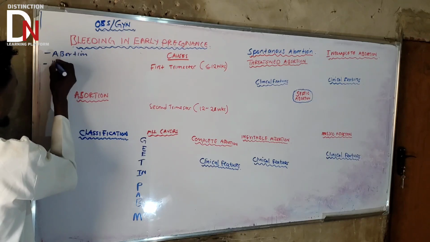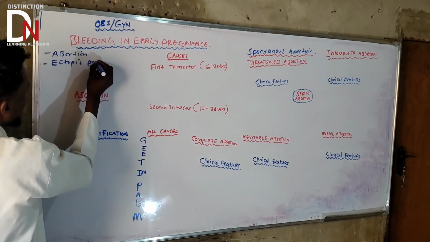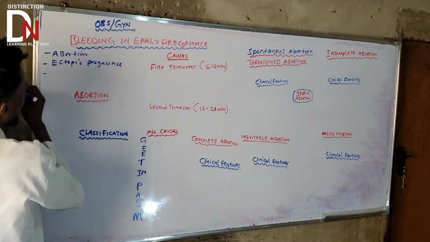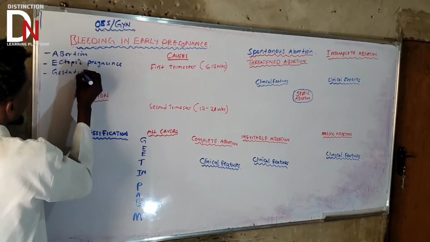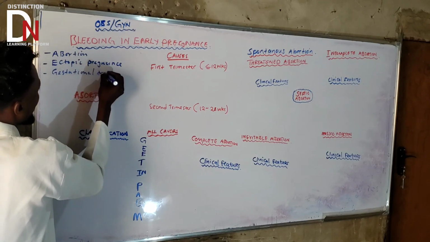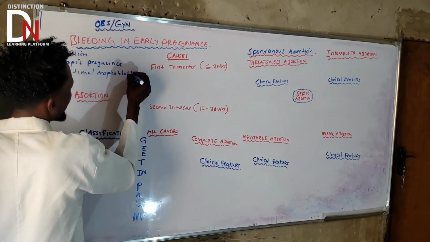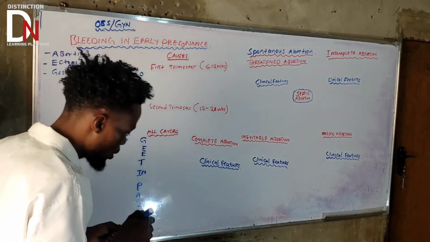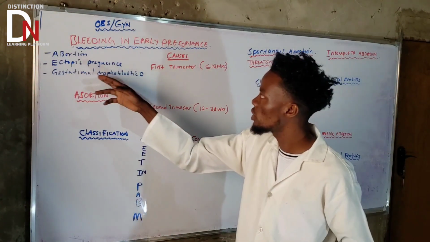The second one is ectopic pregnancy. And the last one is gestational trophoblastic diseases, with a capital D for diseases. These are the three important ones, and they are related to pregnancy.